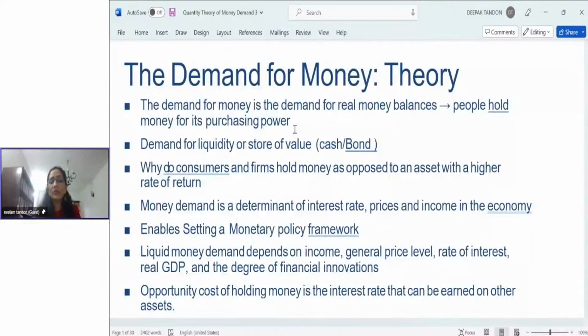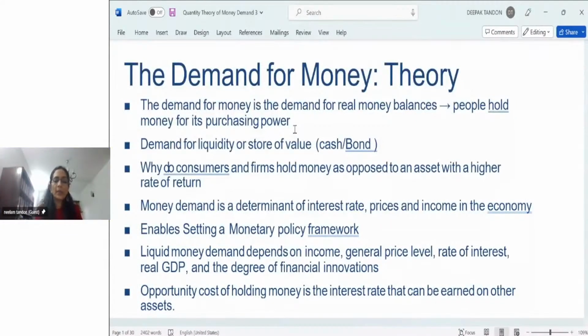Because of e-wallets, e-commerce and other payment gateways, with ease of transactions, you are transacting more frequently. Transacting more frequently means your money demand is higher and higher. So this has resulted in more money demand, and that is leading to an increase in the price level, because money demand is increasing but money supply may not increase in the same quantum.